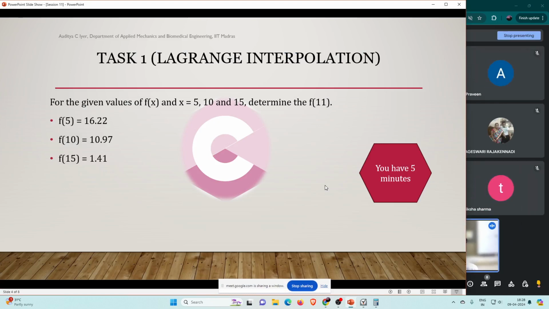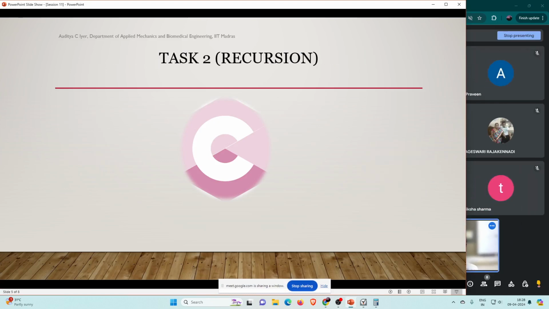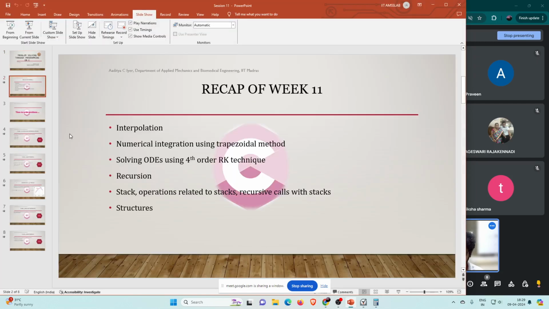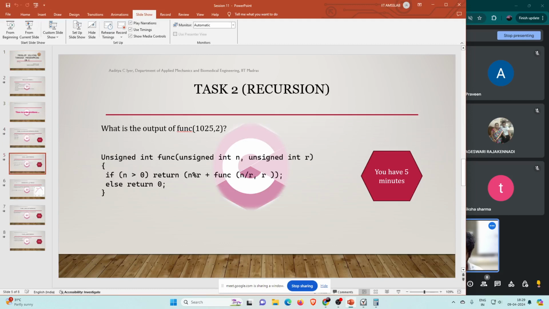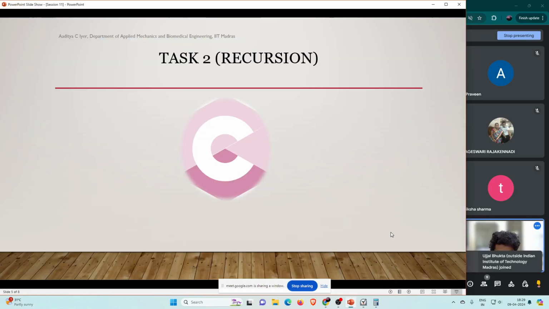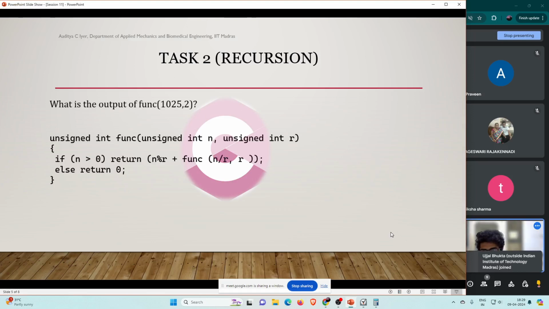Without wasting any more time, let's go to the second one, recursion. What is the output of func(1025, 2)? My function is this: unsigned int. One small mistake, it automatically made it caps. So, unsigned int, right?